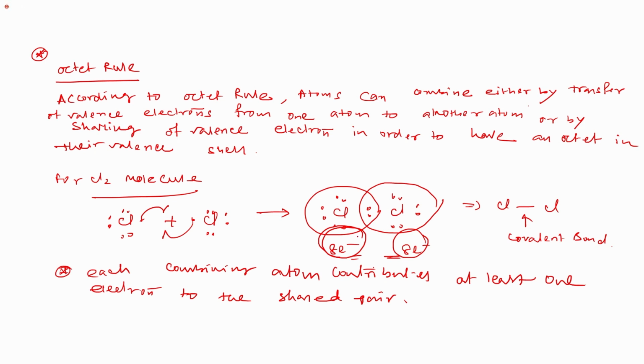That's why they are stable and exist in nature. So the octet rule is saying that atoms make a covalent bond by sharing electrons, and they also follow valence electronic configurations that look like the neighboring noble gas configurations.